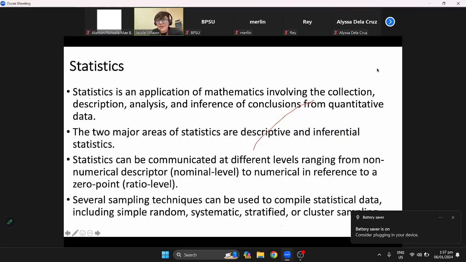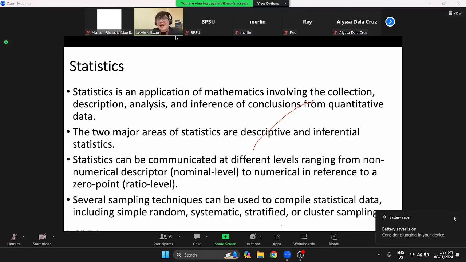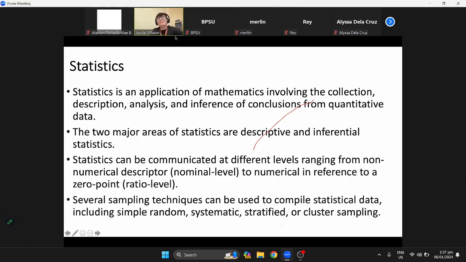Okay? I know you're familiar with probability and non-probability. Pag sinabi nating probability, again, lahat pwedeng maging part ng study, or lahat may equal chance na maging part of the study. Pero pag sinabi nating non-probability, we're just looking for a certain criteria, and since you possess that certain criteria, then you are qualified to partake or be part of the study. Okay?